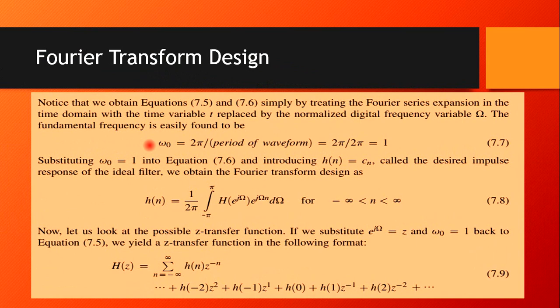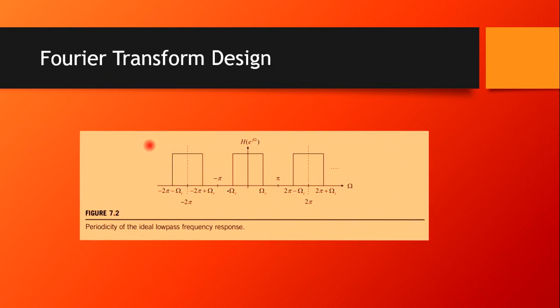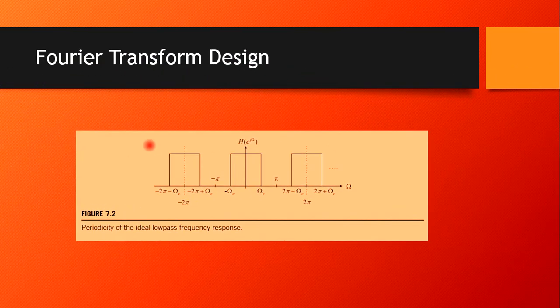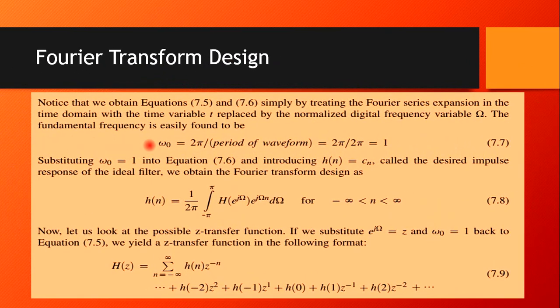So substituting 1 in equation 7.6, omega naught is equal to 1, it will come out to be like this, simple. Omega naught will disappear.